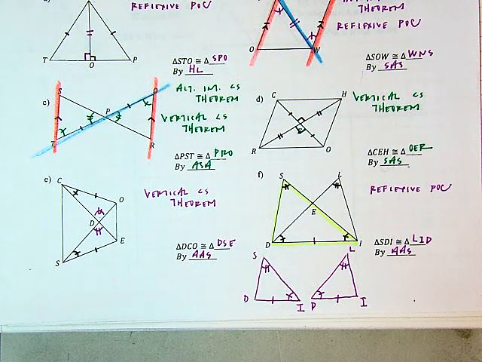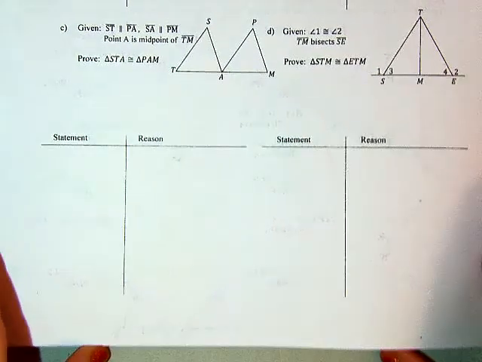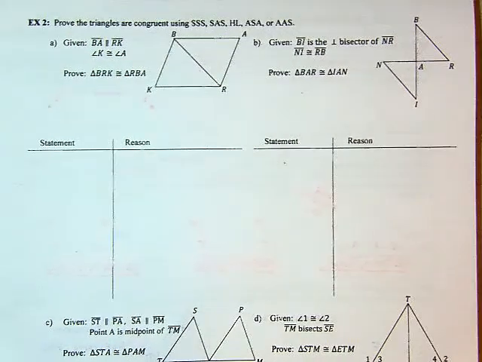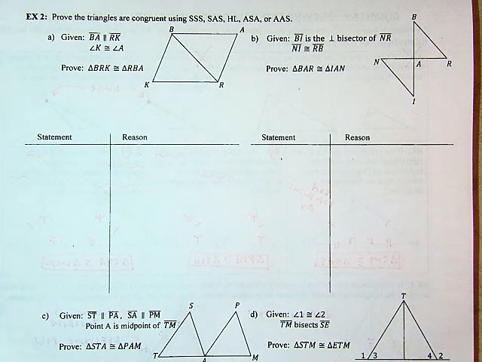over. We're going to do some proofs on the back. All right, so here our goal is to prove the triangles congruent using one of these 5 options. So here we're starting with 2 givens, and we want to see how those build. This is going to be a day where I start to split them up.